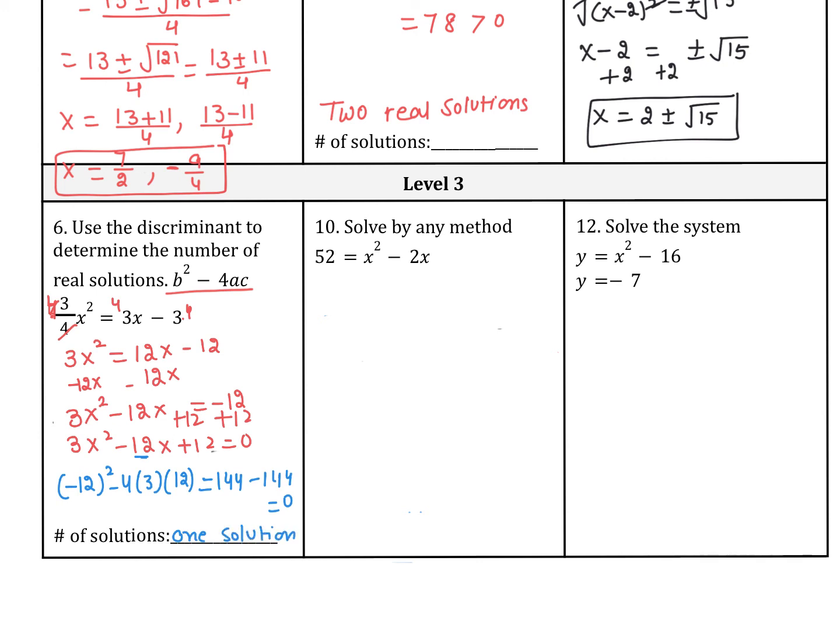Solve by any method. If the x terms are already isolated, it is easier to solve with completing the square. So to apply completing the square, you're going to take half of b and add to both sides half of b, which is 2 over 2, and that's 1, squared and add.